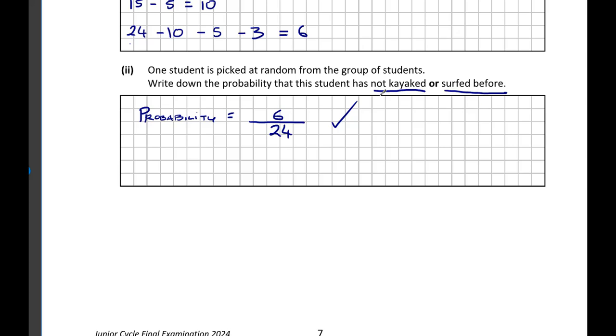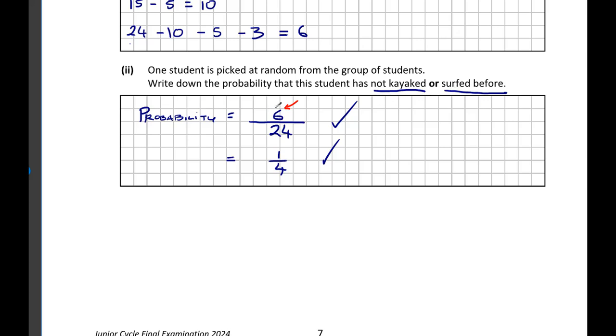But in probability, you don't simplify. So let's just simplify anyway. That's a quarter, isn't it? Which is fine. And that's also right. But look at this. 6 over 24 gives us more information because it tells us that there's 6 elements that have not kayaked or surfed before, or 6 people.